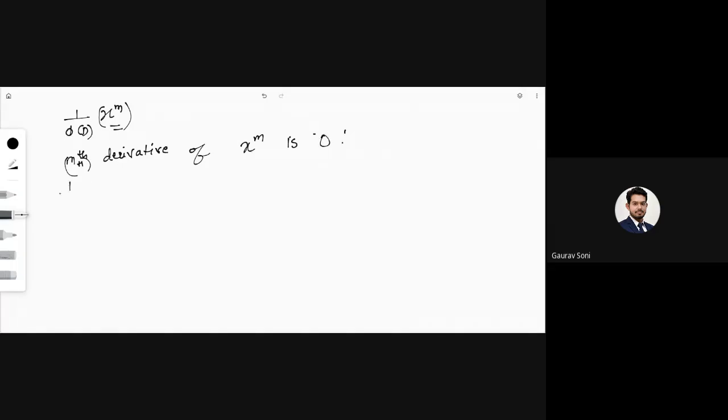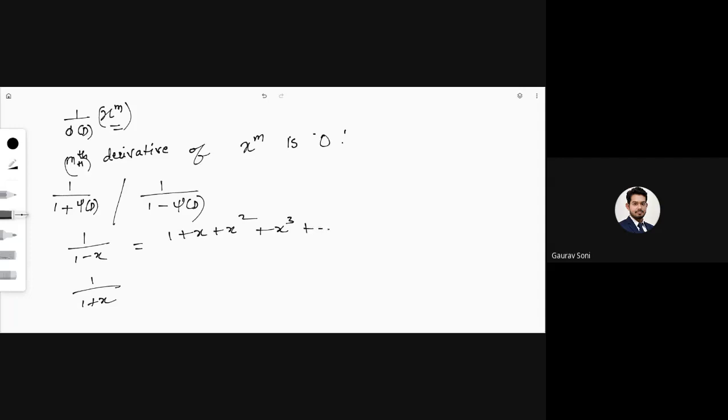What we do is we convert this phi of D in the form 1 plus psi of D, or 1 upon 1 minus psi of D. You have to convert it in one of these forms and use the series for 1 upon 1 minus x and 1 upon 1 plus x. 1 upon 1 minus x is 1 plus x plus x square plus x cube and so on.